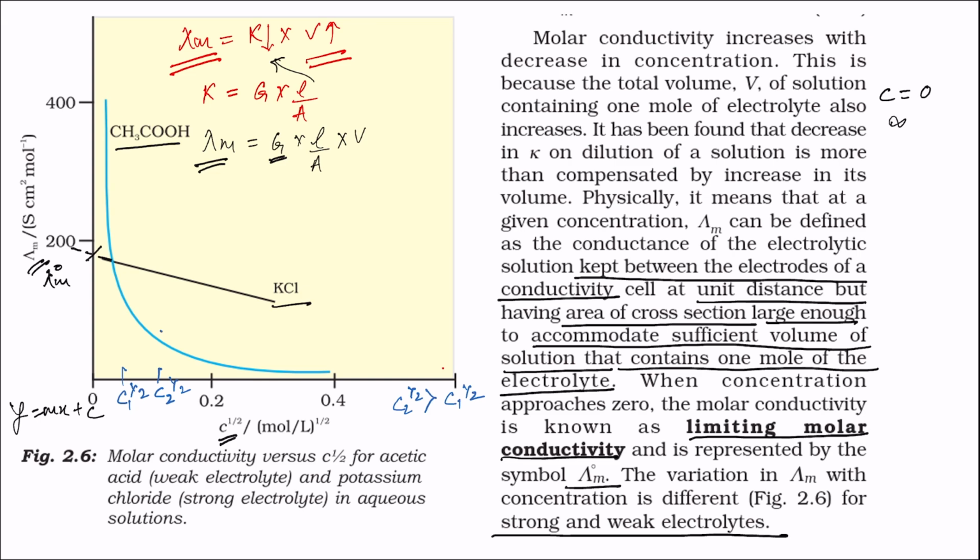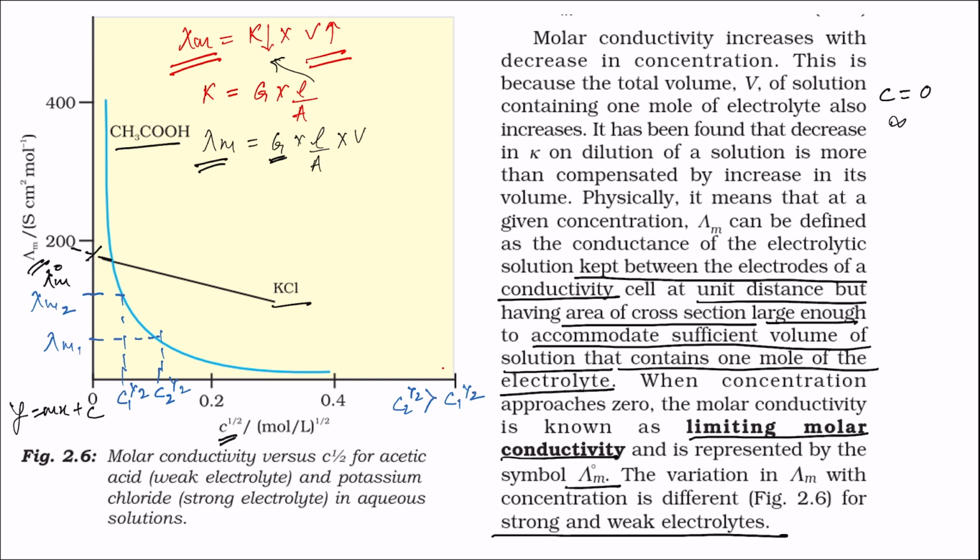Now the value of molar conductivity corresponding to C2 for acetic acid, let it be lambda m1, and the value corresponding to concentration C1 of acetic acid, let it be lambda m2.